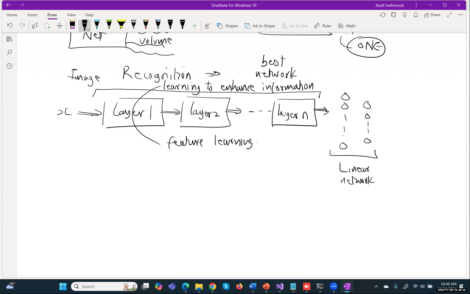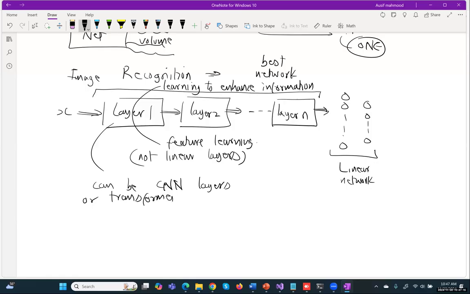What's that? No. So I'm coming to that. So these are not linear layers. Okay. So these can be convolutional neural networks or transformer layers.